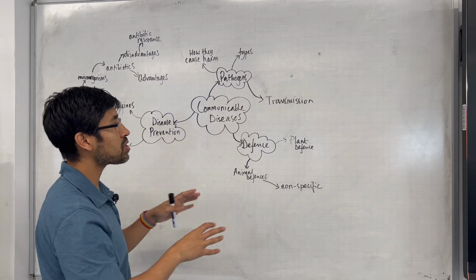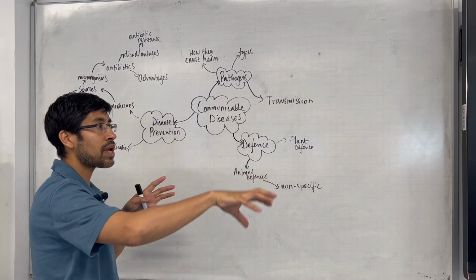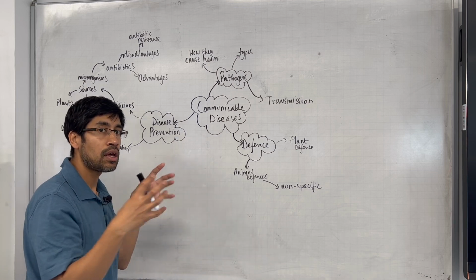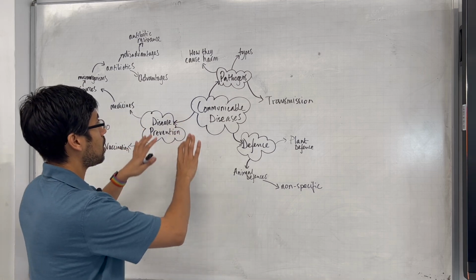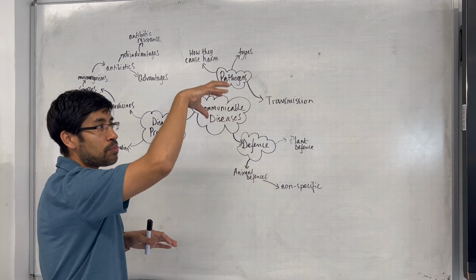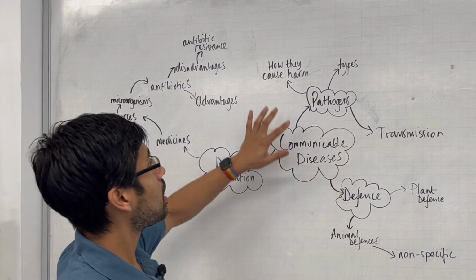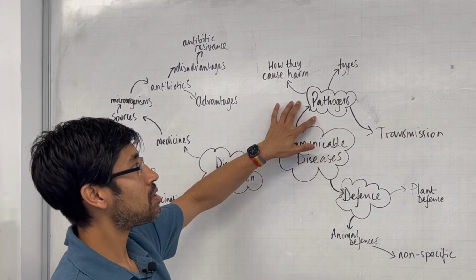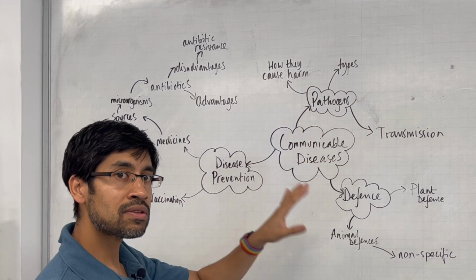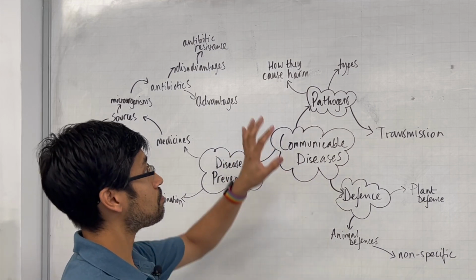It's difficult to organize this one because it is all very highly connected, and one thing bleeds into the next. But the three main areas that I've divided this into: the first part looks at the pathogens, which are the agents that cause communicable disease.